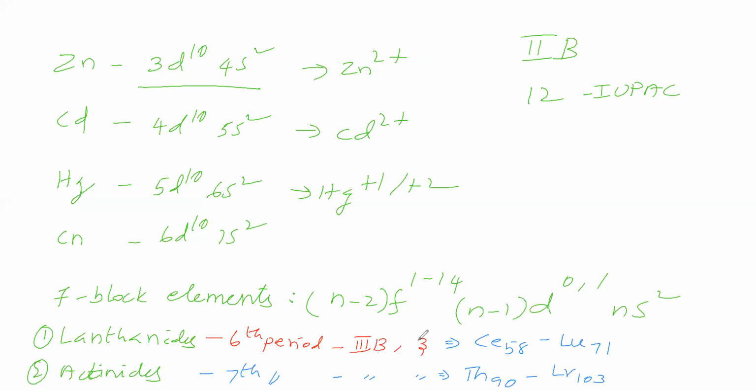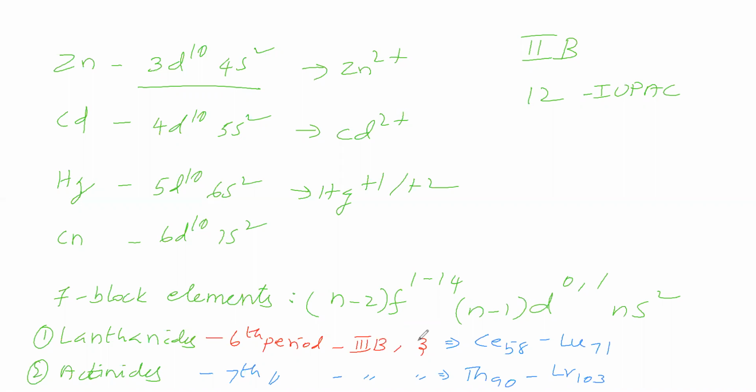Now, to say which block, which type of element, the valence shell configuration, group number and period number, we want the electronic configuration. That means we should know the atomic number. How to find the atomic number? Suppose the element name is given, like gold. If the atomic number is given, we will write the electronic configuration and proceed.